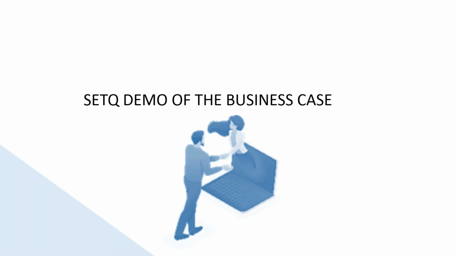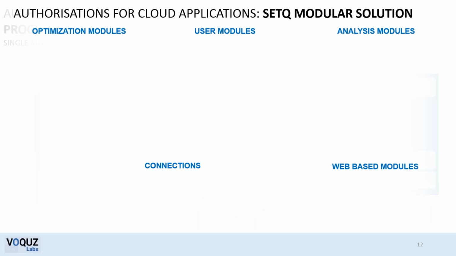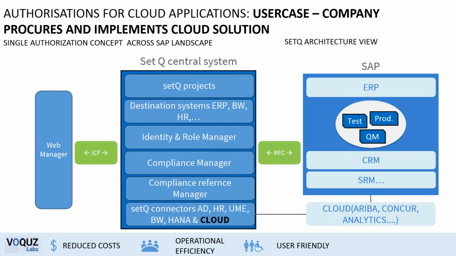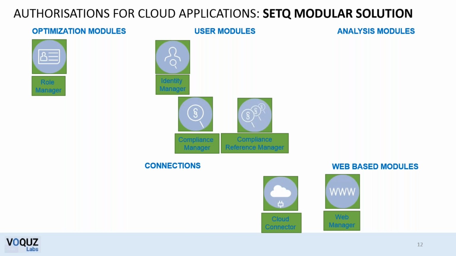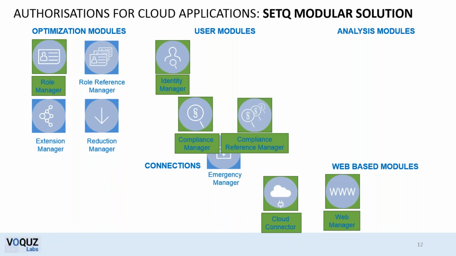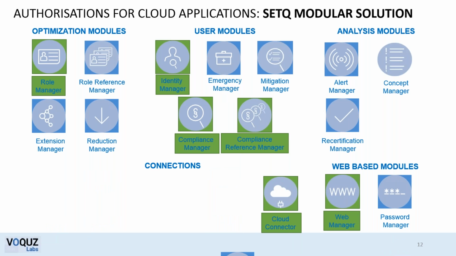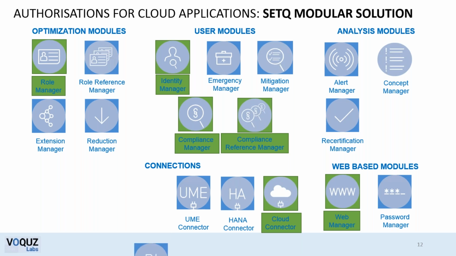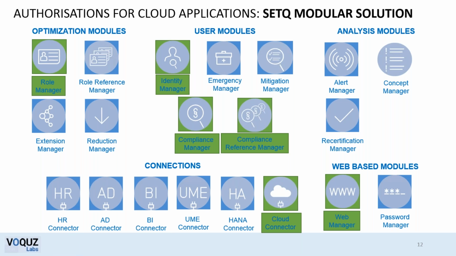In the slides you have presented before, there was the role manager and the role reference manager and the extension manager. And if you want to change your ERP roles, for instance, or S4 or whatever, then you can have the reference model. We have 1,000 template roles available, for instance. And of course, you can take the role modules. You mentioned it. You pick the one you need, and you don't need to have everything.